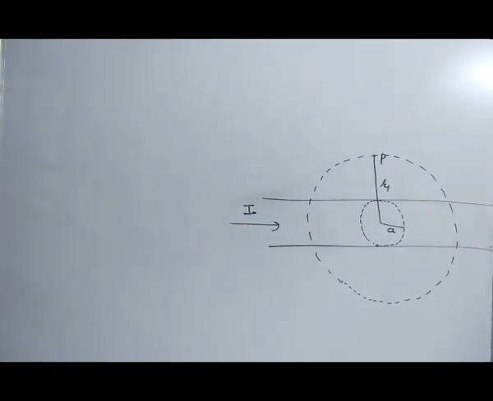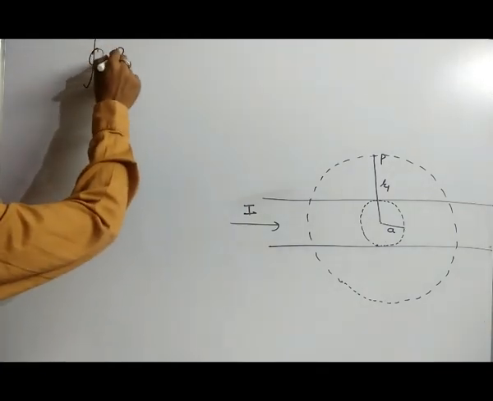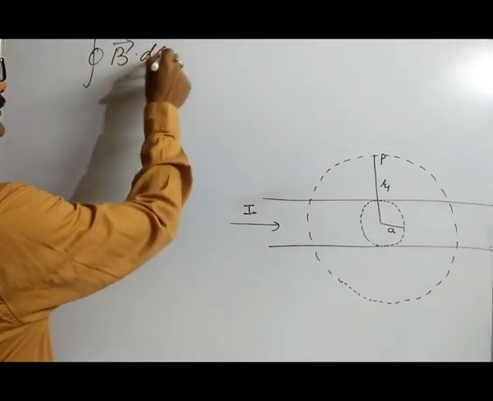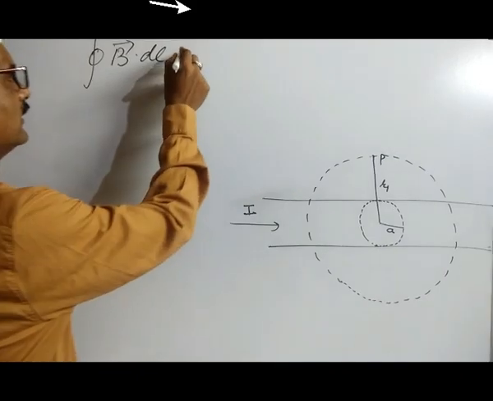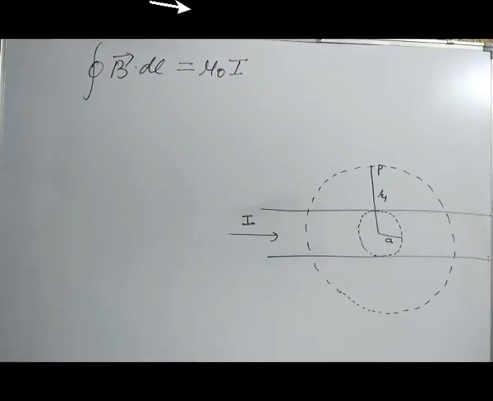Now applying Ampere's circuital law, that is line integral of magnetic field, that is integral B dot dl equal to mu naught I.